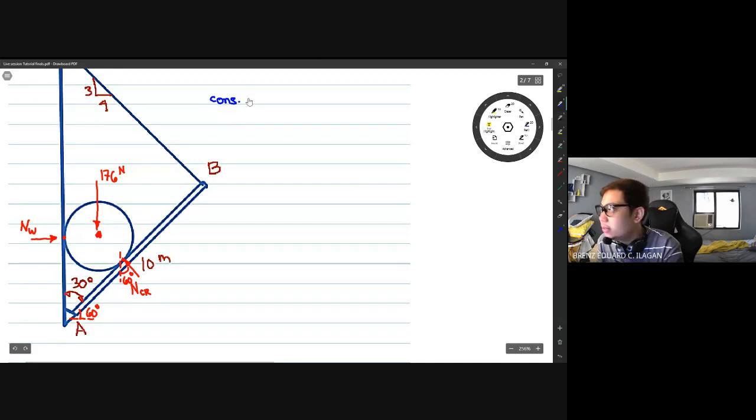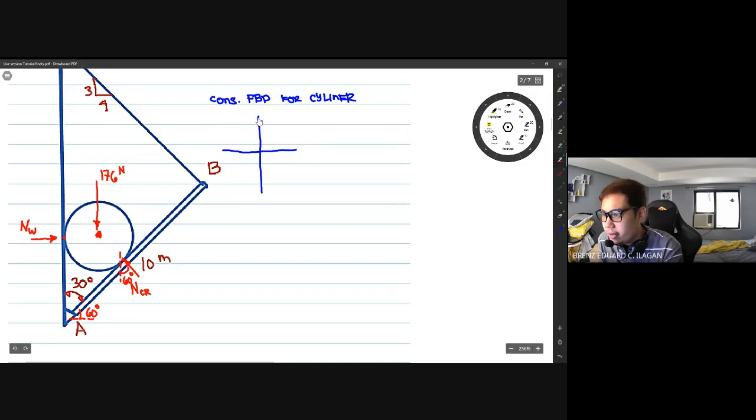So consider free body diagram for the cylinder. So gawa ka lang ng X and Y axis. And then ilatag natin yung mga forces.